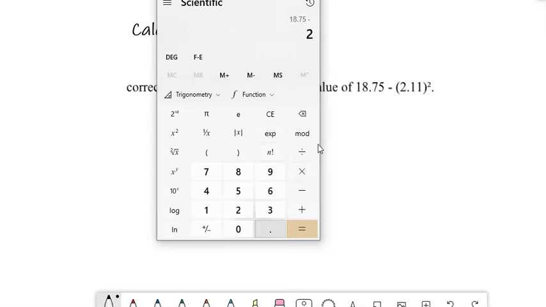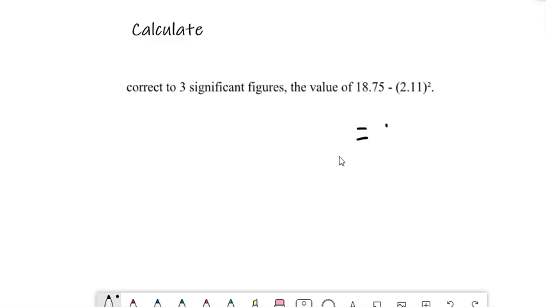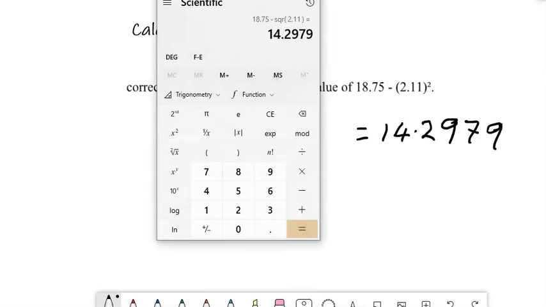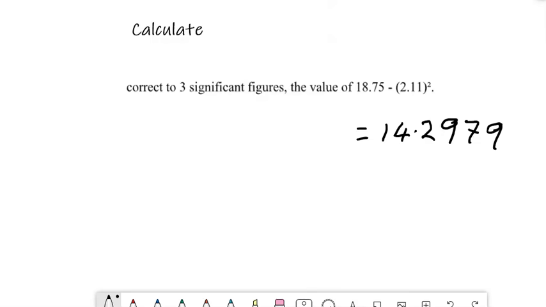You can leave out a bracket on your calculator because the square will always be done before the subtraction. So 2.11, press the x squared button and then the equal sign to get 14.2979. Make sure, 14.2979.